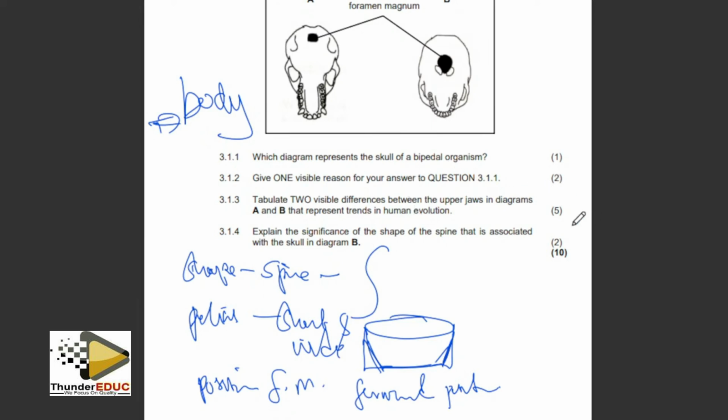Who discovered Homo sapiens? You have to know who discovered it. I think I should drop, we have a short video which is talking about it. Who discovered Homo sapiens? Tim White. Who discovered Australopithecus? Tim White.